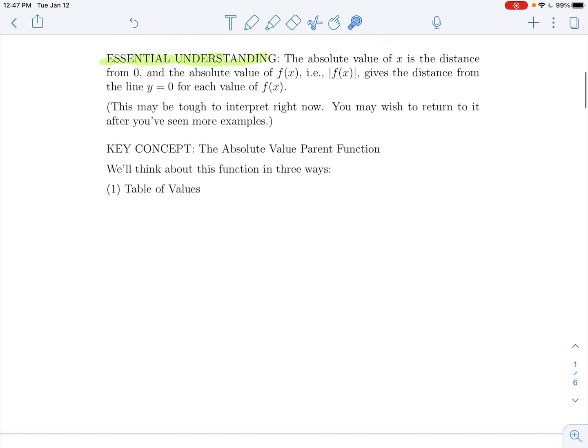So let's think of the absolute value as a parent function. Let's really understand the absolute value as a function. f of x equals the absolute value of x. And we know we can approach functions a few different ways. So one way of understanding a function is through a table of values.